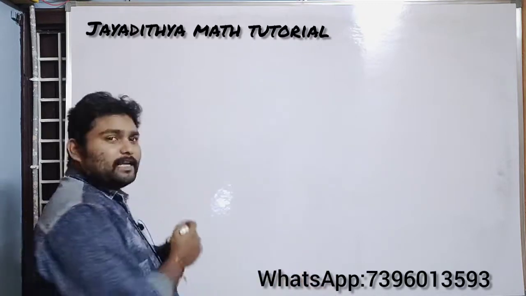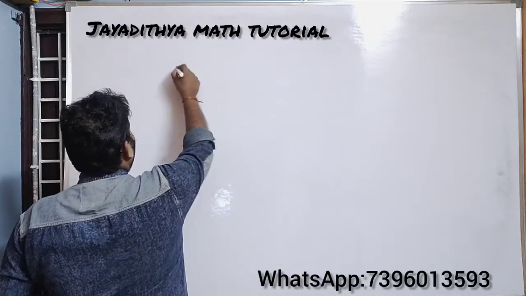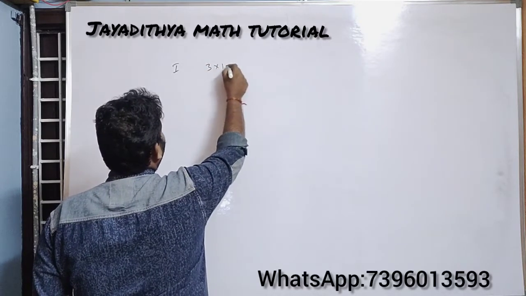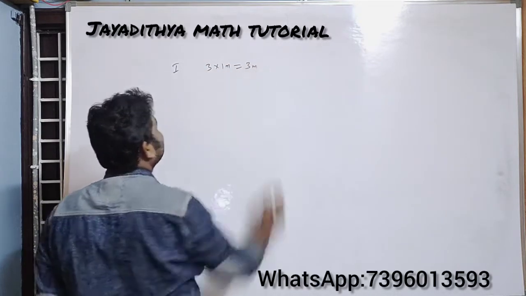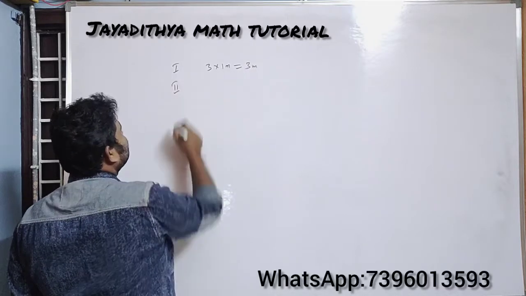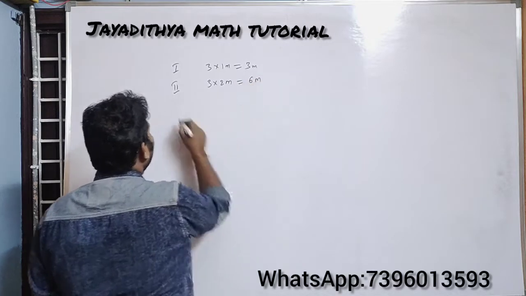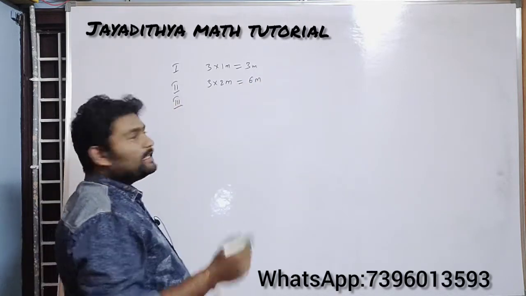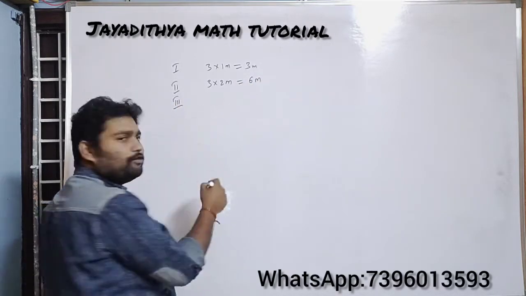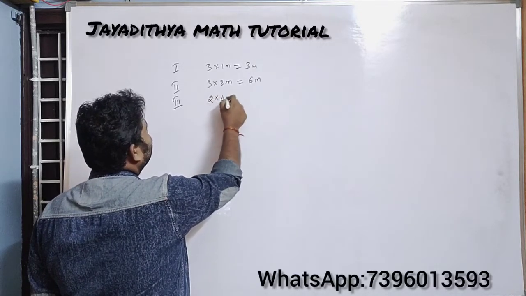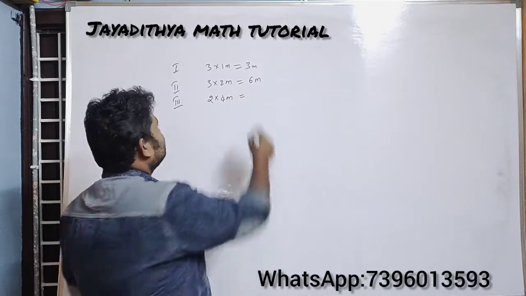See here, under the first section they have given 3 one-mark questions, which is equal to 3 marks. In the second section they have given 3 two-mark questions, that is equal to 6 marks. In the third section they have given 4 questions here, but you need to attempt only 2, that is 2 into 4 marks, equal to 8 marks.